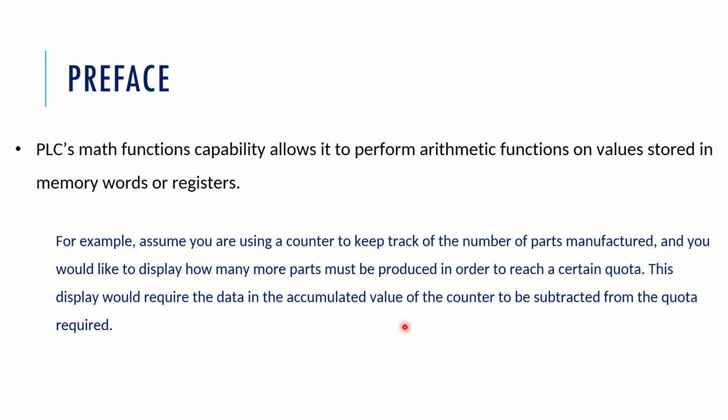So once you keep on subtracting the accumulated value of the counter, the output will be 99, then 98, then 97, then 96, like that. These things have to be displayed. So this is the basic operation, and you can find that this particular operation reads as a mathematical subtraction function. This is how the arithmetic functions are required to perform various day-to-day tasks in the industrial realm.